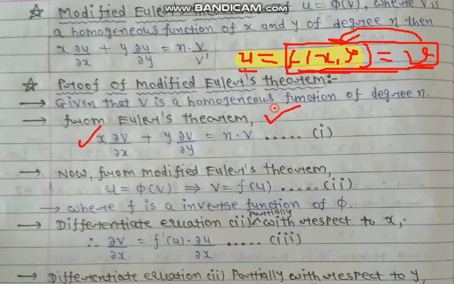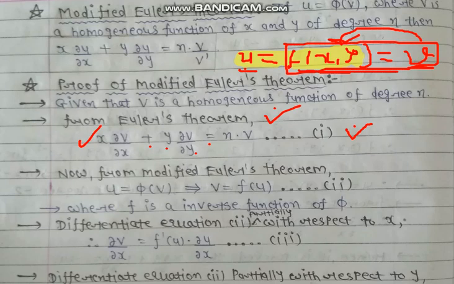So according to Euler's theorem, I can say that x del v upon del x plus y del v upon del y is equal to n into v. Now I have a function that is v. So it is basically the Euler's theorem statement that we have already proved. Clear?